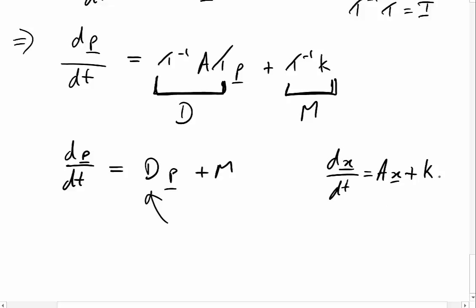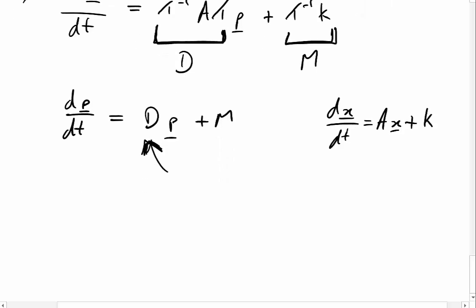And likewise, I've changed my K into an M, if you just compare the forms. But look what I've got here: a diagonal matrix, which is exactly what I want. I've had to change my x's and k's and things, but a diagonal matrix makes it far easier to solve.